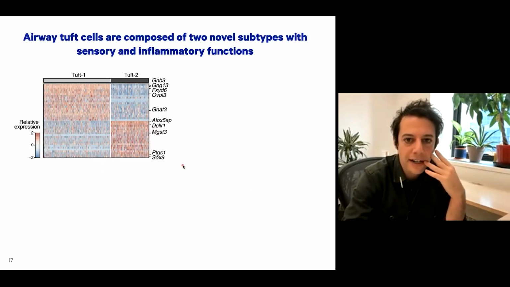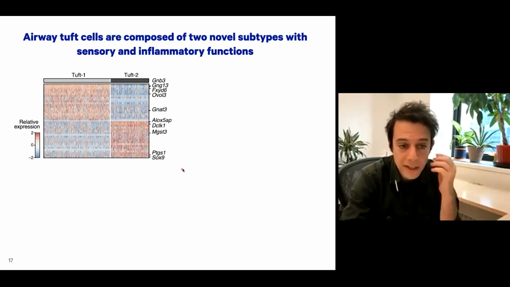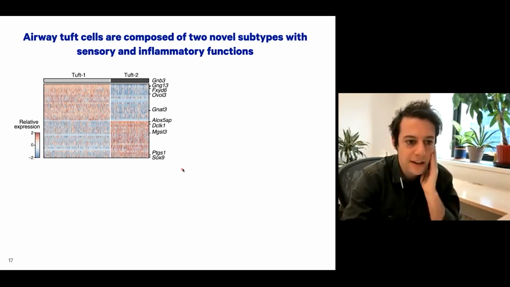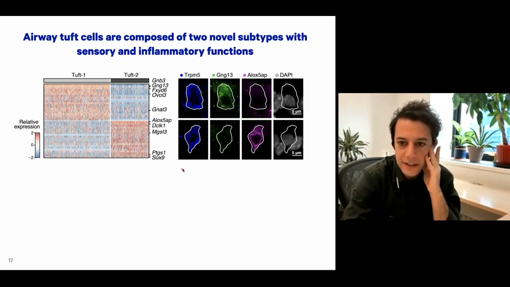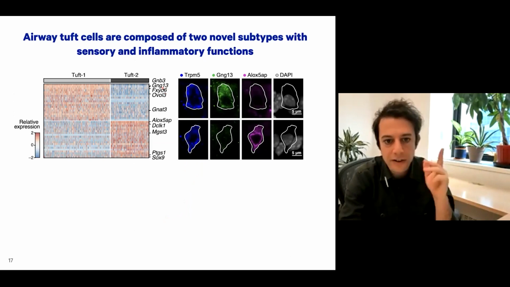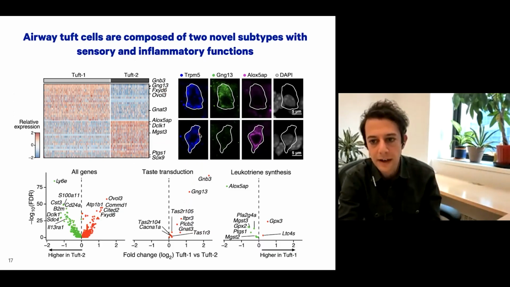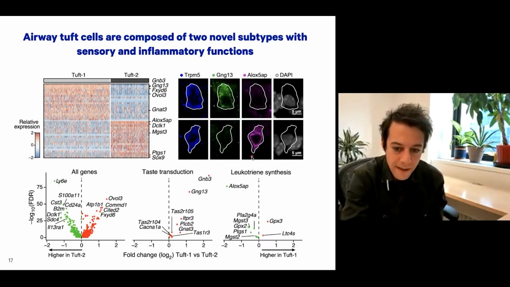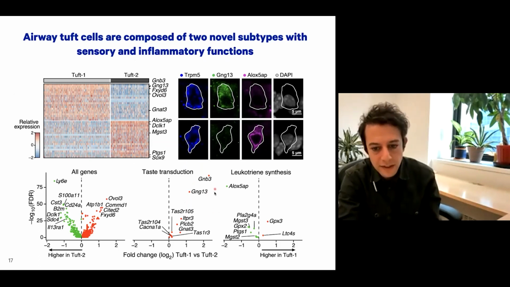So this was exciting. We wanted to see if the 2 subtypes of tuft cells that we identified in the gut were there as well. It appears that they are. And we validated the markers of each subtype with IHC on the right. And what we saw was that there's this TUF1 subset, which expressed a whole range of taste GPCRs.